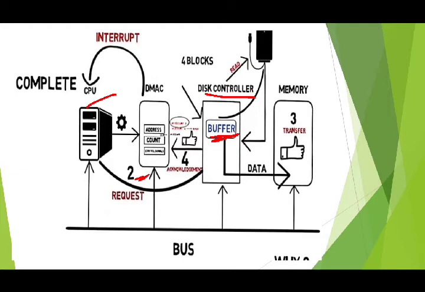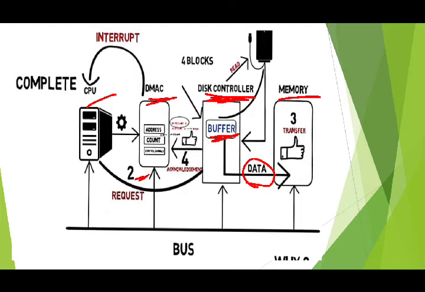Then the DMA controller will request the disk controller to transfer the data to the memory. For transferring the data to the memory, the DMA controller will request the disk controller, and so in the next step the disk controller will transfer the data to the memory.